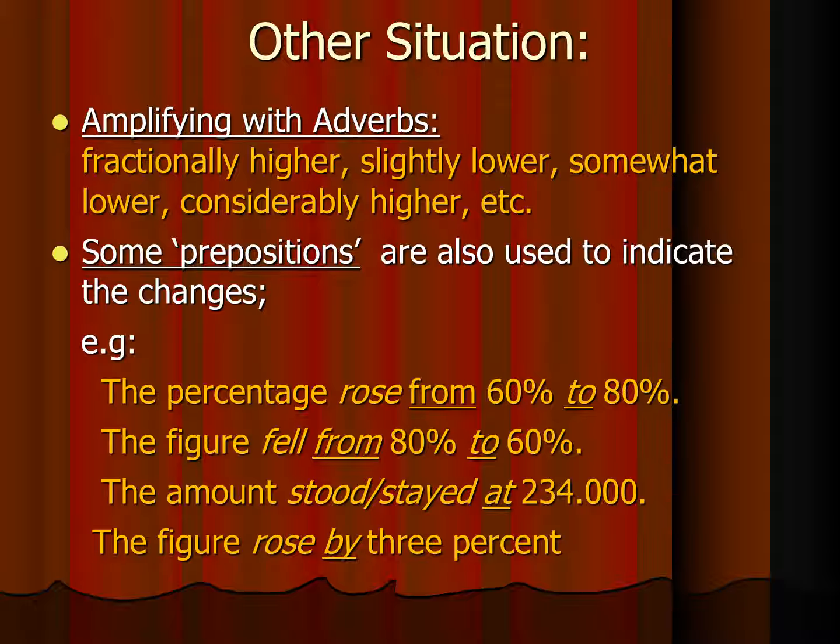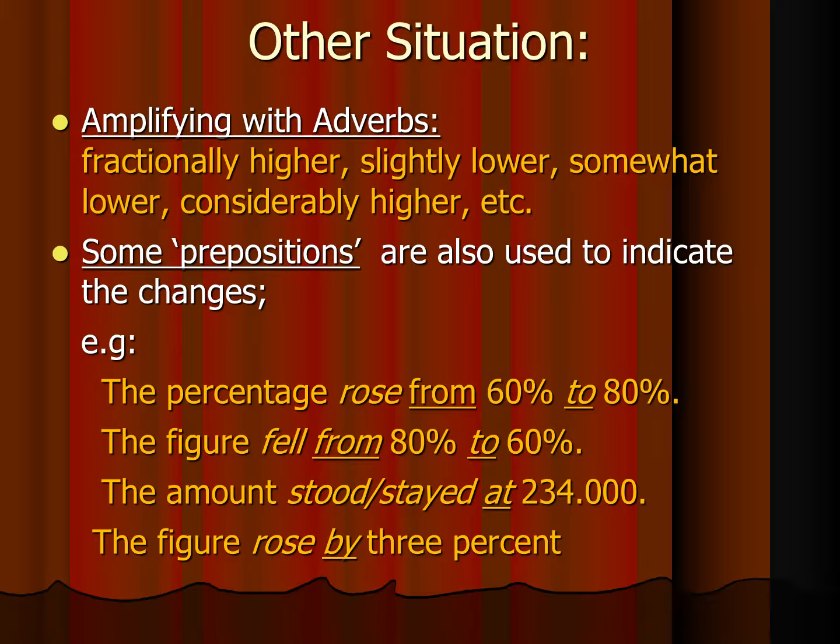The percentage rose from 60% to 80%. Or the figure fell from 80% to 60%. Or the amount stood atau stayed at 234,000. Or the last, the figure rose by 3%.